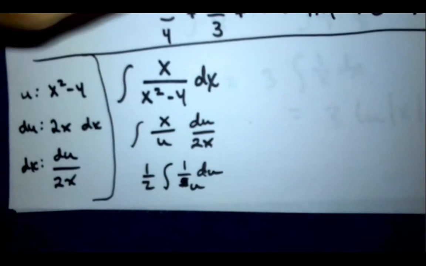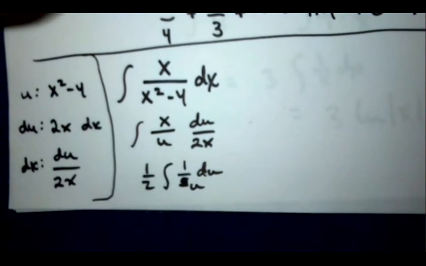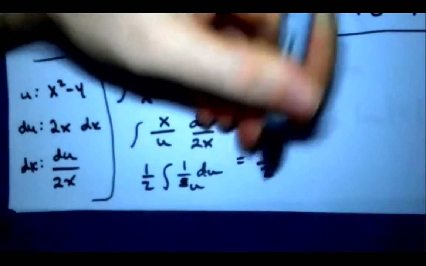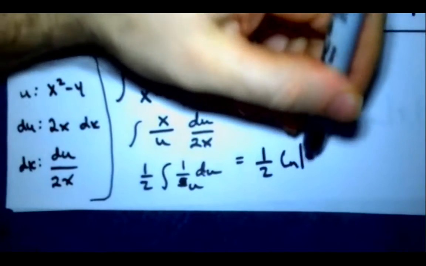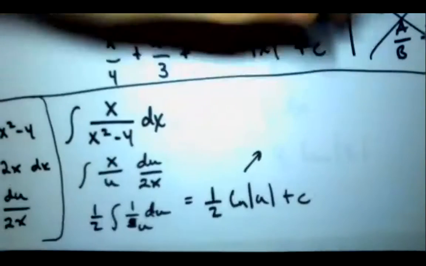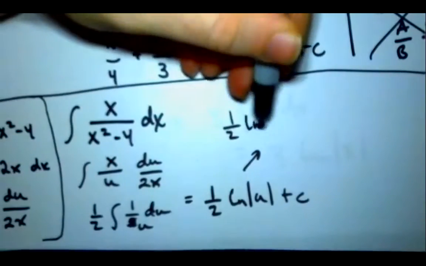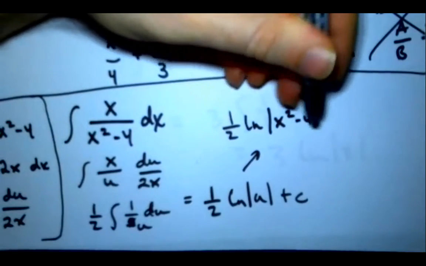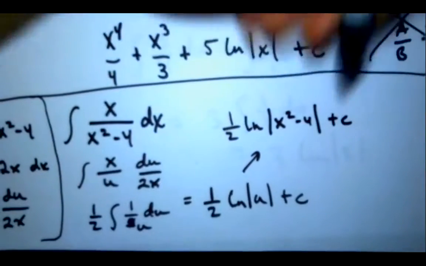The natural log. Natural log. Yes, it's the same thing we just talked about. So 1 over x is the same thing as 1 over u. So now we've got half natural log of u plus c. And then the last thing we need to do is toss this in. So half natural log absolute value x squared minus 4 plus c.